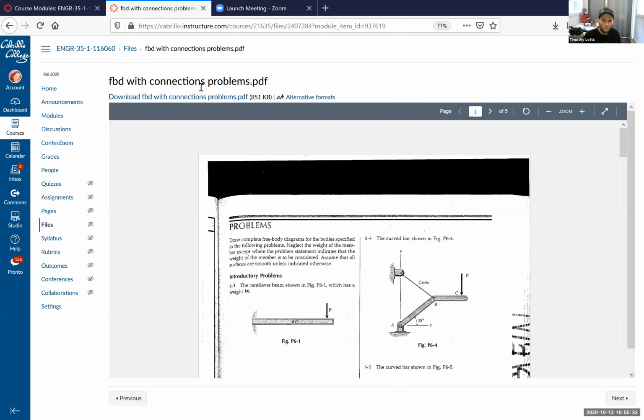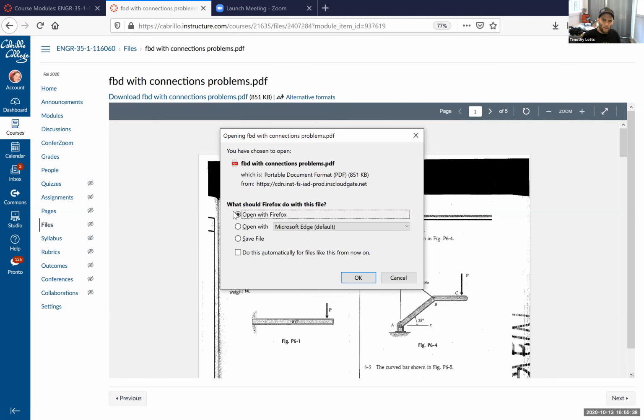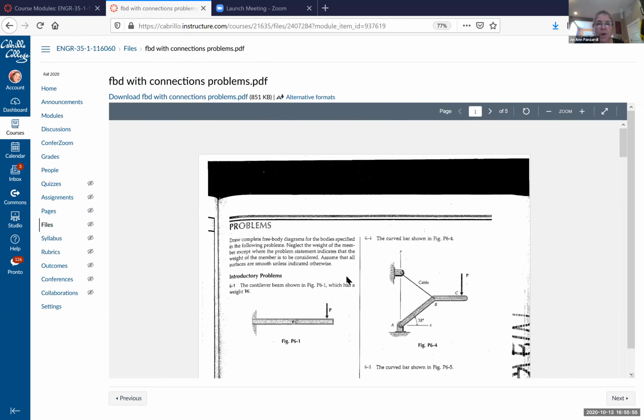If you download that one again, instead of open with Firefox, hit open with, and then hit other, and then you'll have to select it. Okay. Sorry, you guys. All right, what do you see?